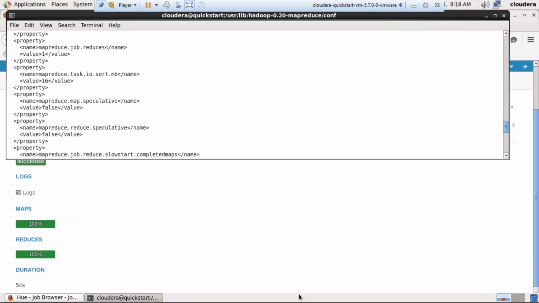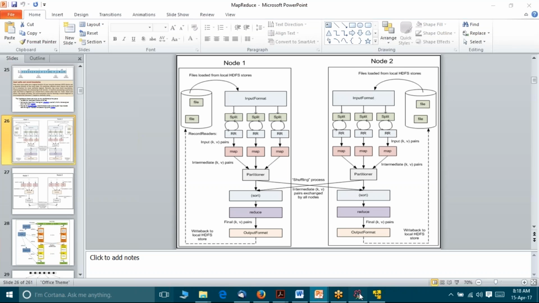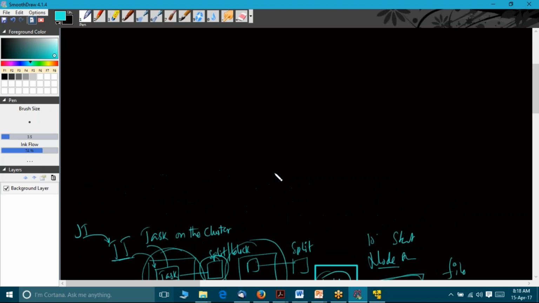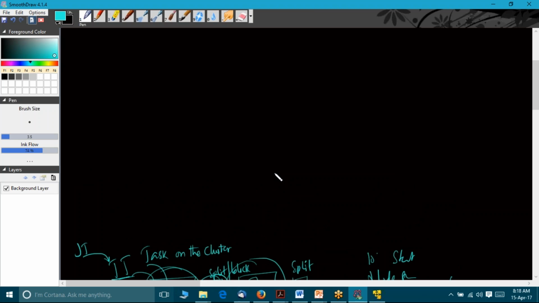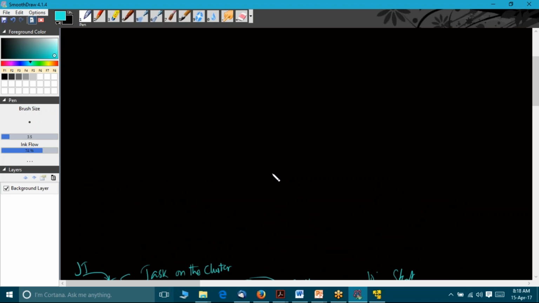The reason behind it, I tell you now. If you see closely, there are multiple map tasks running for you in the background. Suppose there are 5 map tasks running on your cluster.